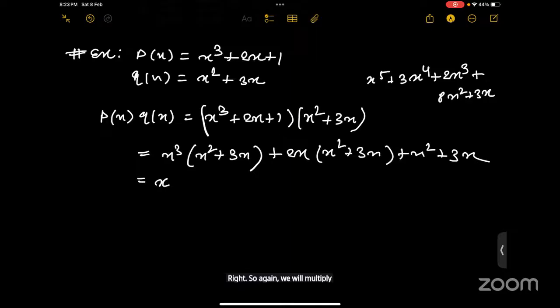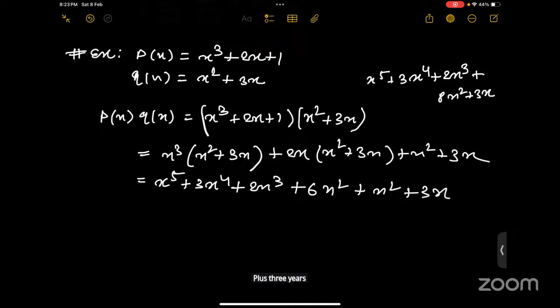So we will get x power 5 plus 3x power 4 plus 2x cube plus 6x square plus x square plus 3x, right? So x power 5, 3x power 4 plus 2x cube plus 7x square plus 3x.